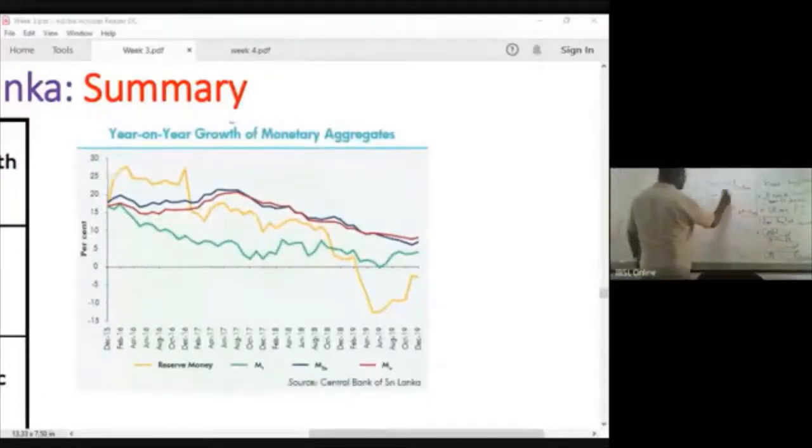Now let's say we have two time periods. Let's say you have 2018, 2019, right? 2018 money, let's say, reserve money, right? Total reserve money is 500.